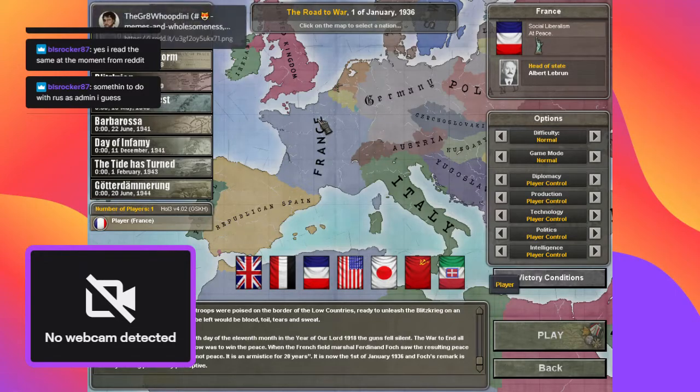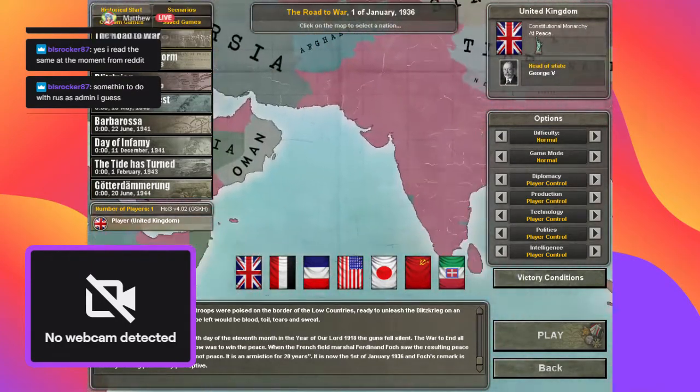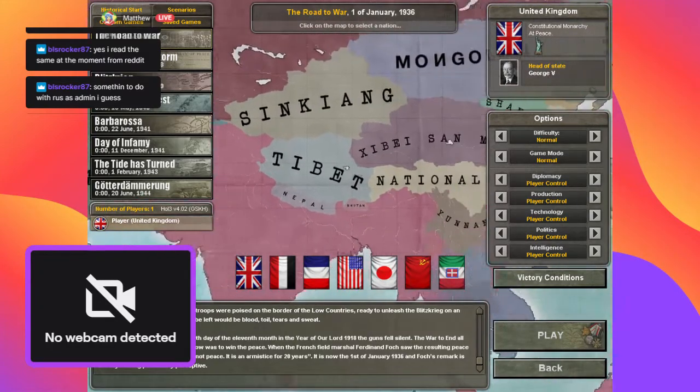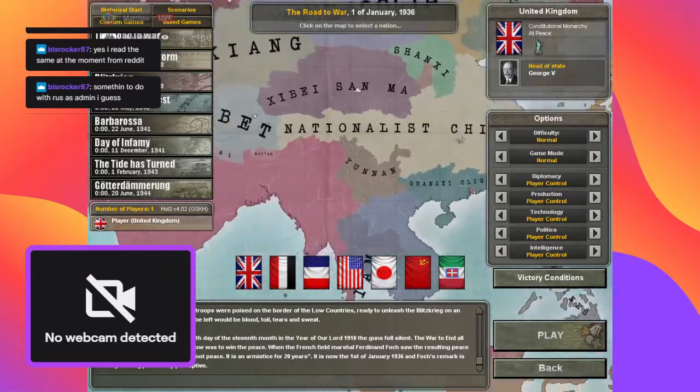Because if they didn't put that in place, the UK controls, as you see, India, and its population would be insane. So they kind of got around that issue in the fourth game by having India be its own thing. It's called British Raj, which kind of makes sense because it probably was its own thing in a sense.